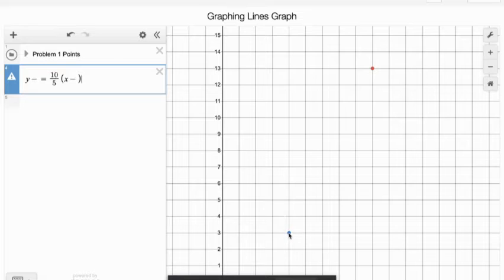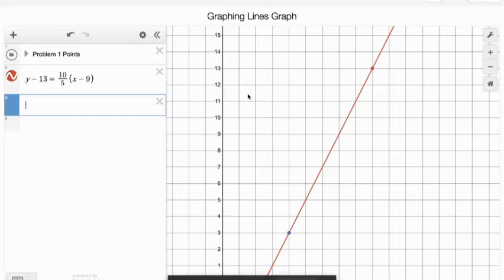Notice I have an x value of 4, a y value of 3, so I could put in 3 and 4, and there I have it. Or instead, notice I have this other point, 9, 13. I could have put in 13 and 9, and once again, I get a proper equation. So that's point slope.